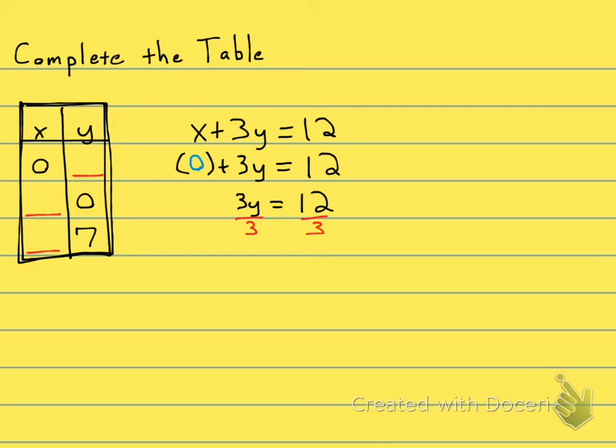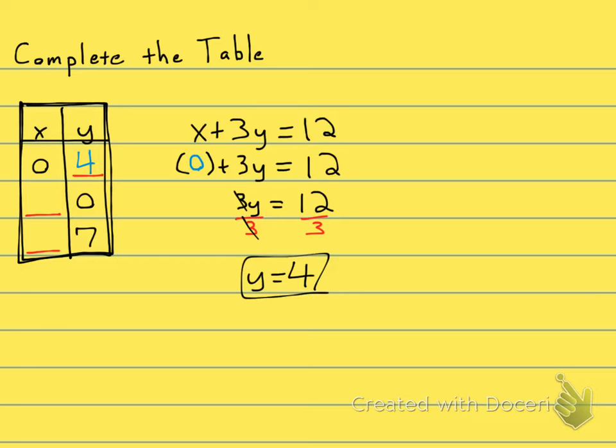Divide both sides by 3. 3 over 3 is 1. So y is 12 over 3, which is 4. Okay, so for this line right here, if x is 0, y is 4.